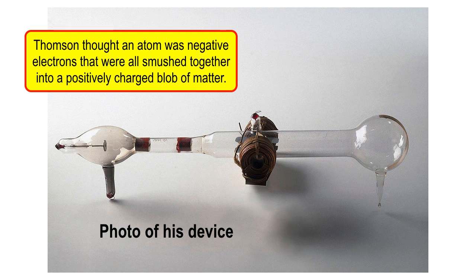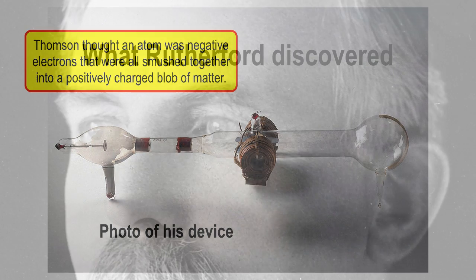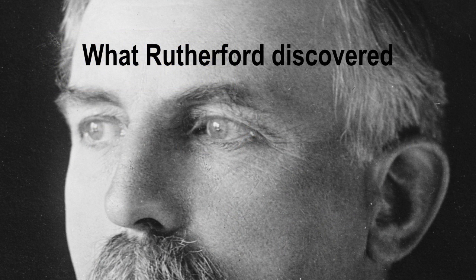But it was basically a big blob of positively charged matter with electrons sprinkled through it. But a guy that came after Thompson, named Rutherford, figured something else out. And he refined the model, and he was able to show that, no, it's not really the way you figured it there, Mr. J.J. Thompson. It's a little bit trickier than that.